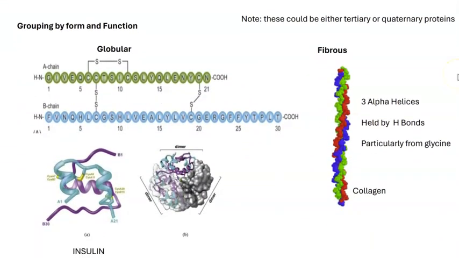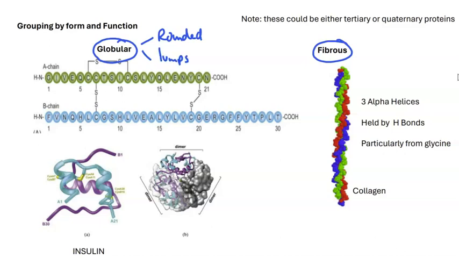Okay, so proteins largely, once they've adopted their shape through the folding from primary to secondary to tertiary, perhaps to quaternary, tend to form either what we call globular shapes or fibrous shapes. Globular shapes are rounded or elliptical. They're kind of like lumps of protein.